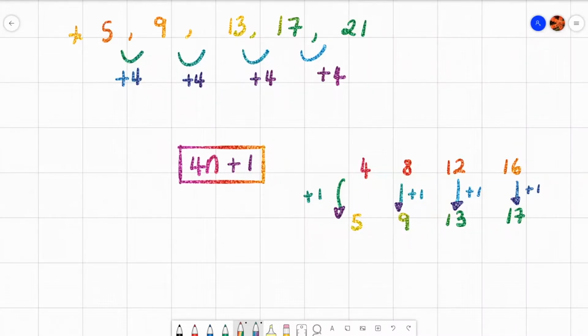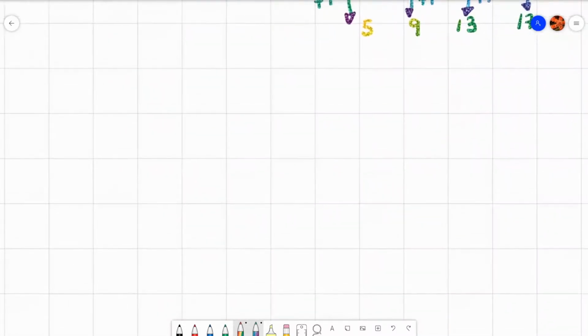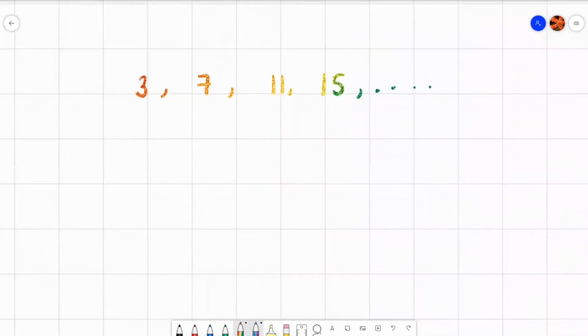Let's have a look at another example then. Again, let's have a look at 3, 7, 11, 15, and so on. Again, what's the difference between these numbers? I am adding 4, adding 4, adding 4. Okay, so it's the 4n, 4 times table, but that's not the 4 times table, is it?